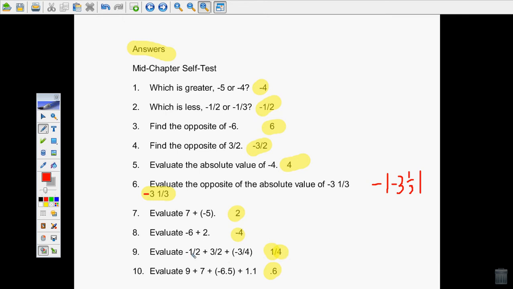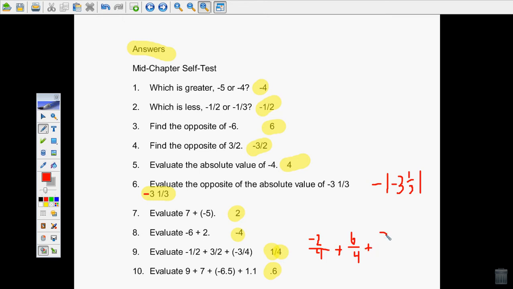If you change -1/2 to -2/4, and if you change 3/2 to 6/4, and then you already have -3/4 with the denominator 4. The denominator then is 4, and you simply add your numerators of -2 and 6, so -2/4 plus 6/4 plus a -3/4.